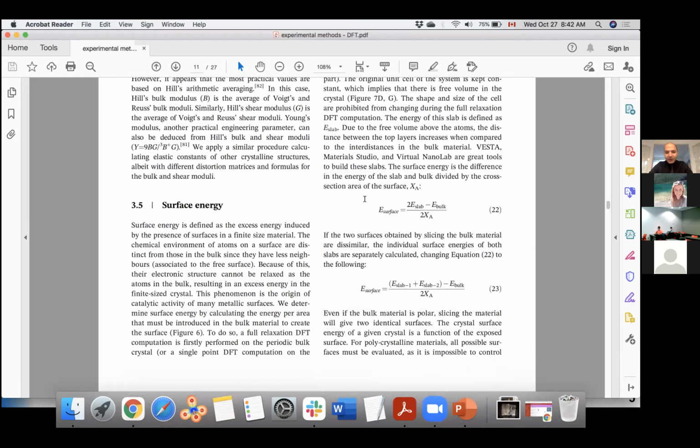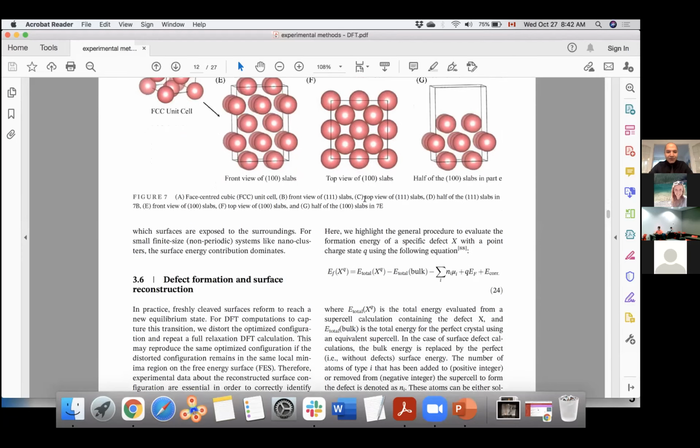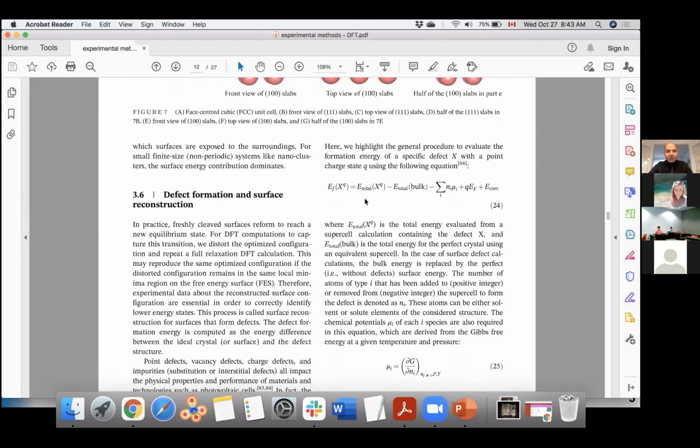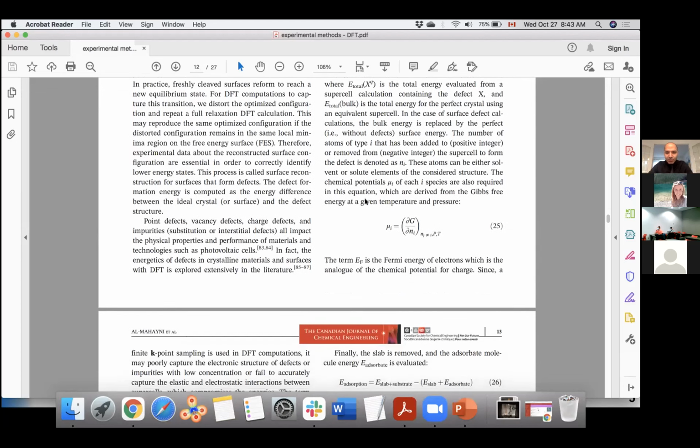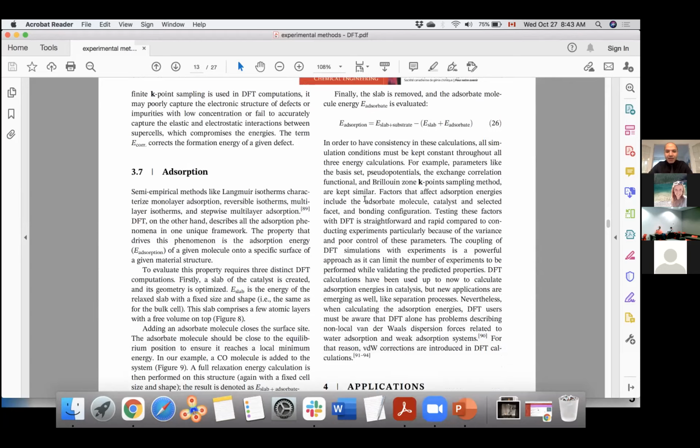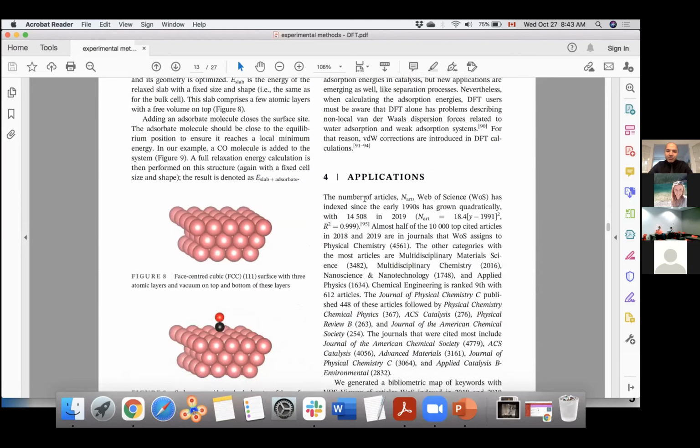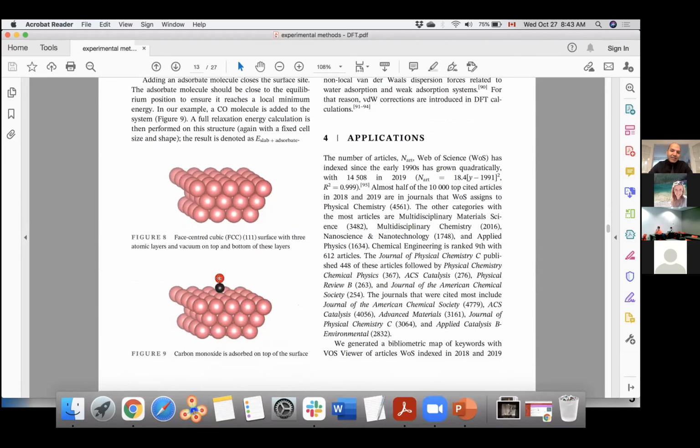So the surface energy is calculated, and after that we also talked about defect formation and surface reconstruction. I just want to make it quick, so I'm not going to describe everything, but some basic things were calculating the adsorption energy.